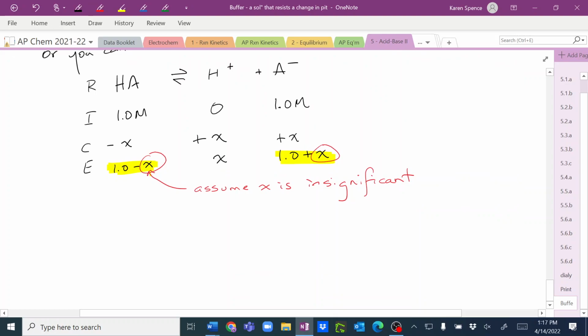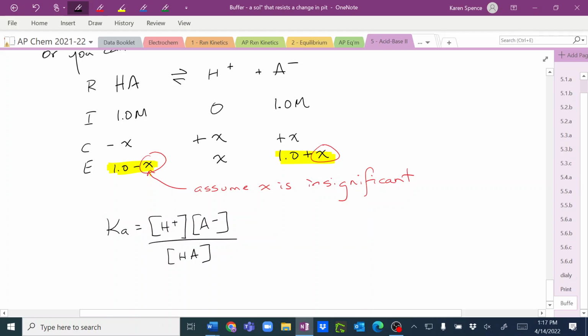Right? And if we do that, then what we get is Ka is equal to H plus times A minus over HA.